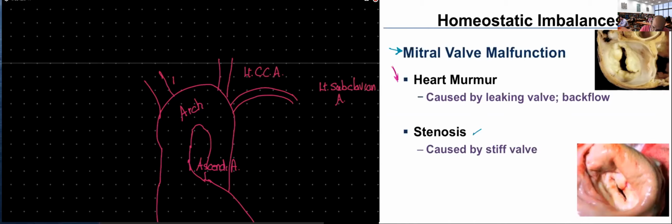Remember, the brachiocephalic trunk or artery will give rise to two branches. One that travels up, this is going to be my right common carotid artery, and one that travels below the clavicle on the right side. So this is going to be my right subclavian artery.